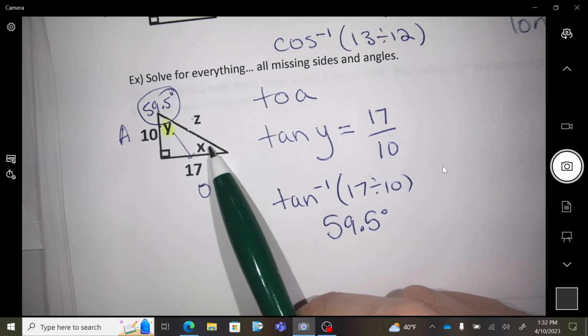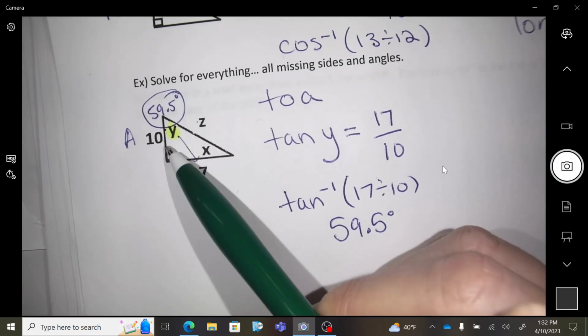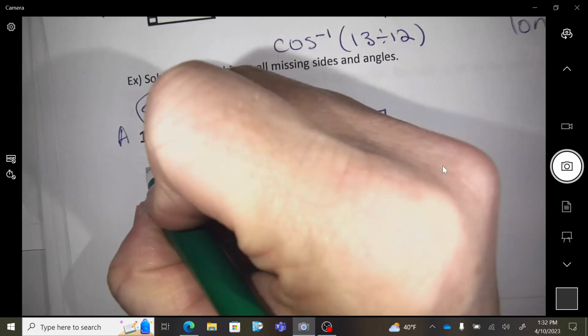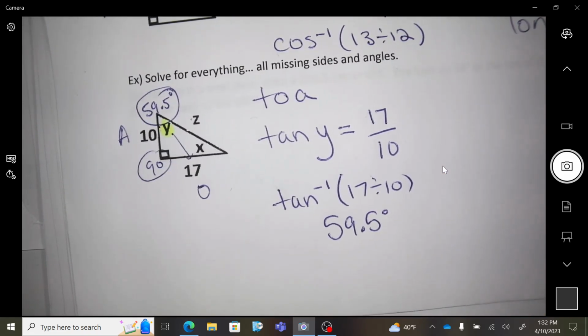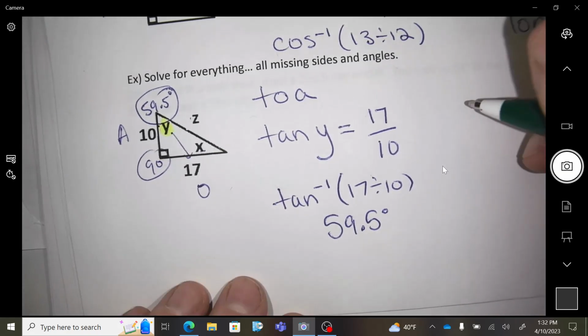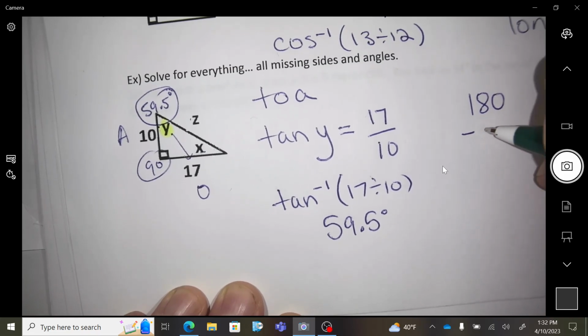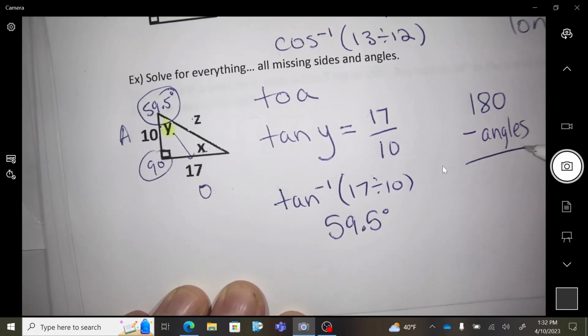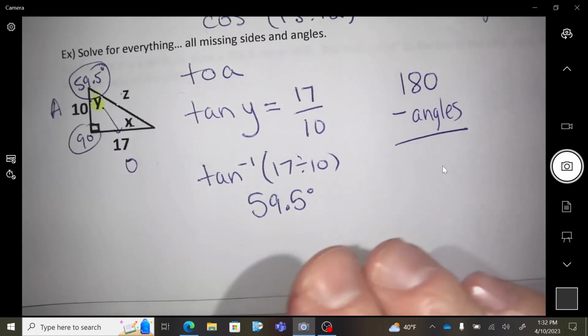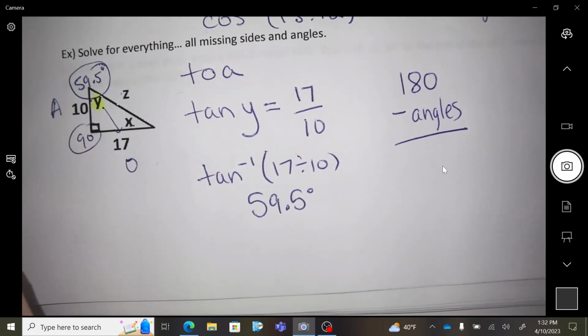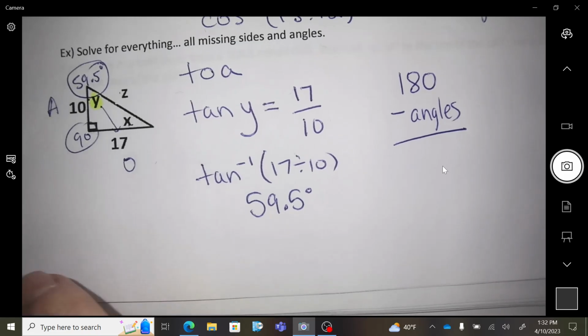This and this need to make 180. So if you have 90 and 59.5, what's the last one going to be? So 180 minus all the other angles leaves you with how many degrees for x?